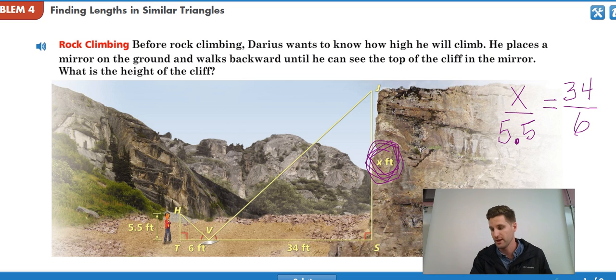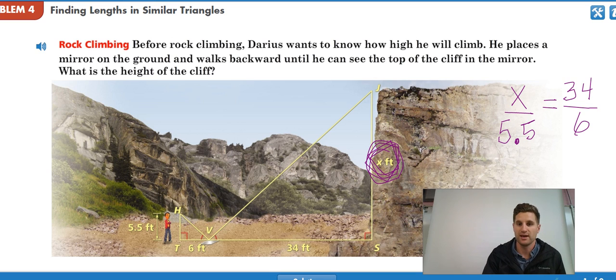And here we can go ahead and pass out our calculator, and we can do a little bit of math. It's a little hard to see, so I'm going to actually flip this over and rewrite that. So x over 5.5 equals, and what was it? 34 over 6. Okay, and we're going to cross multiply here.